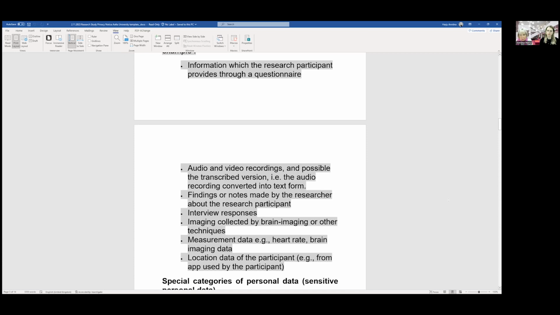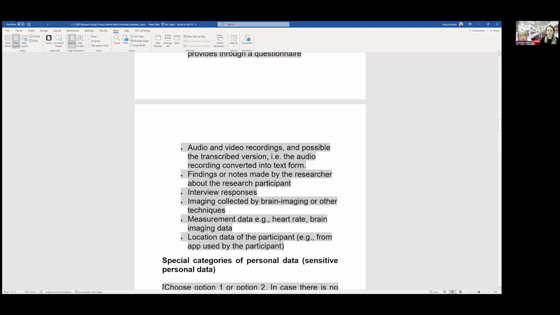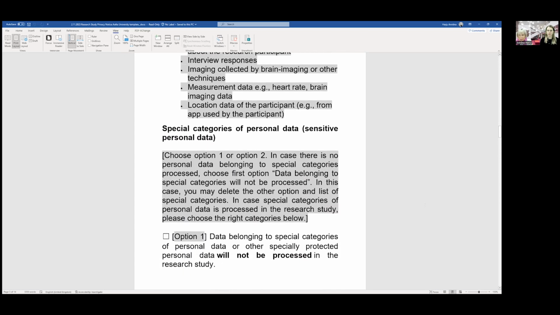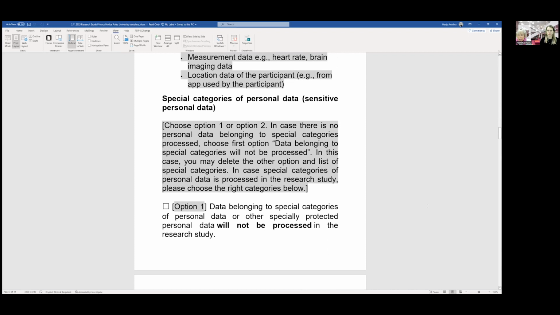And then, of course, images, for example, brain images, and measurement data, for example, heart rate, and location data of the participant, for example, where the participant has been located during a day or a week. That usually gives their home address, their work address, their hobbies, their religious activities, and so on.